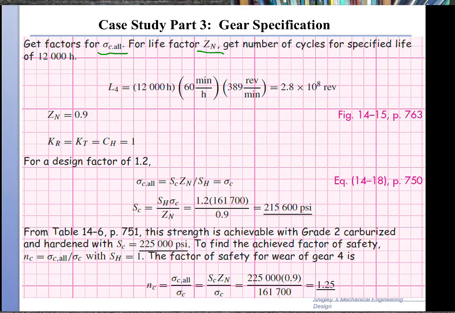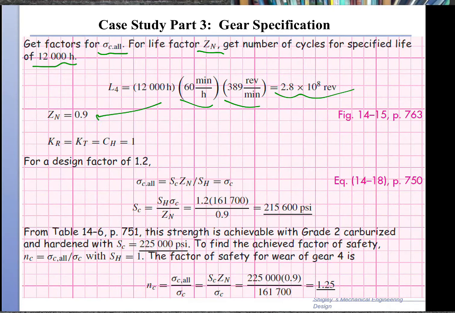So we figured it was 6 years of operation, 12,000 hours, each hour is 60 minutes, and each minute is 389 revolutions. So you get about 3 times 10 to the 8 revolutions for the lifetime of the gear.